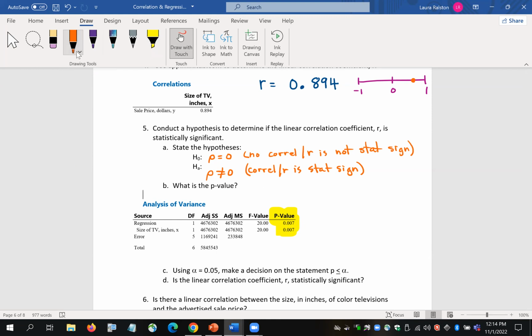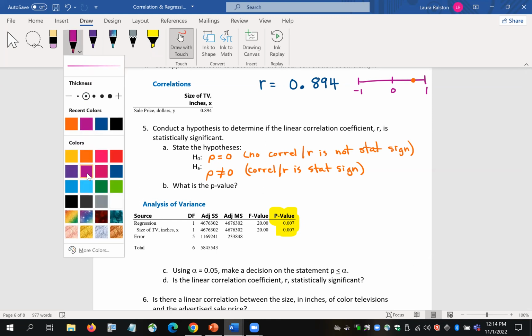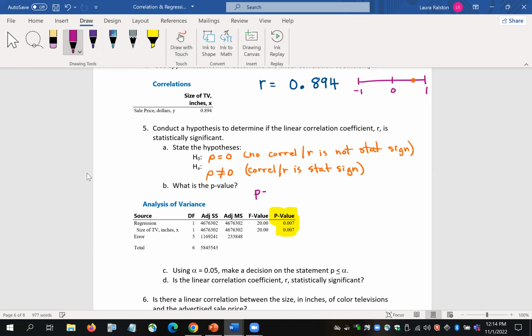So my p-value for my hypothesis test where we ran an ANOVA is 0.007. If I compare the p-value to the level of significance, which is 0.05, we have 0.007 to 0.05.